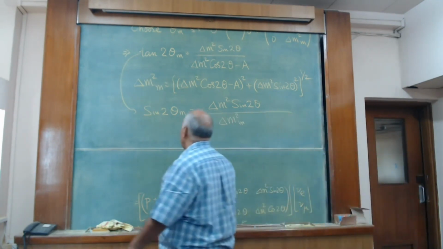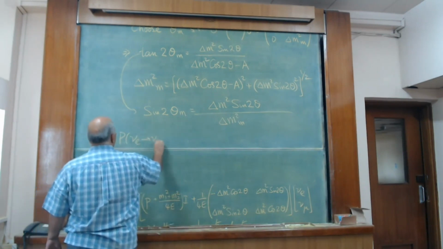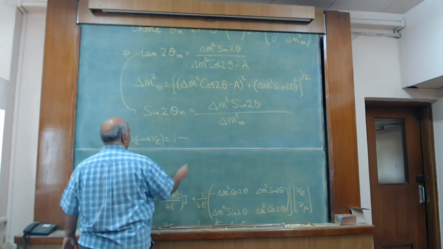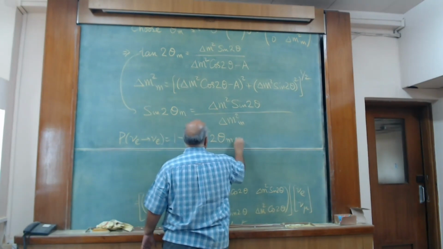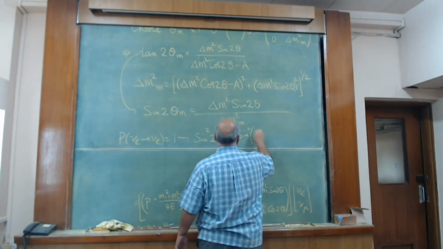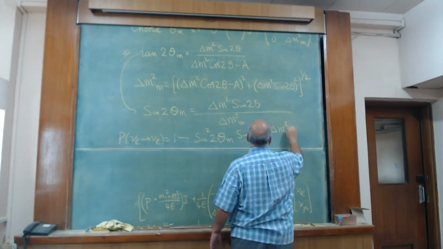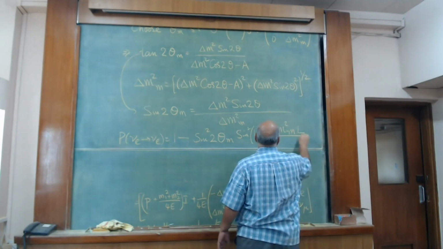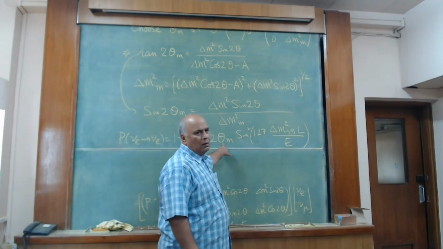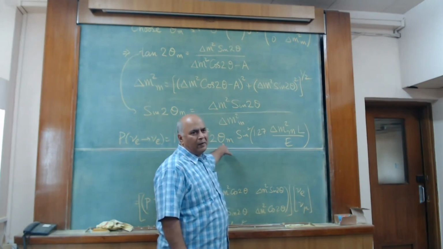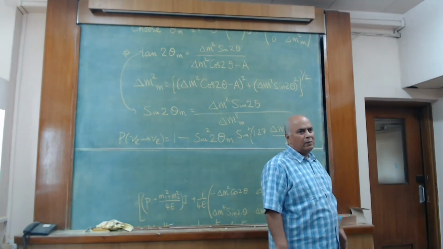So, we have P nu e to nu e is 1 minus sine square 2 theta m sine square 1.27 delta m square m L over E. I just replace the mixing angle by the matter dependent mixing angle and the mass square difference by the matter dependent mass square difference.